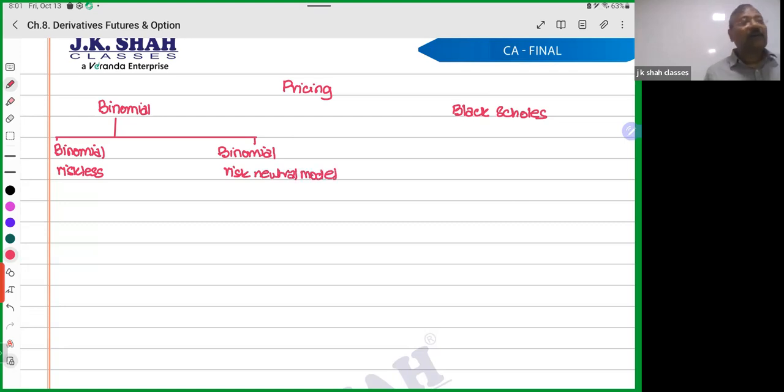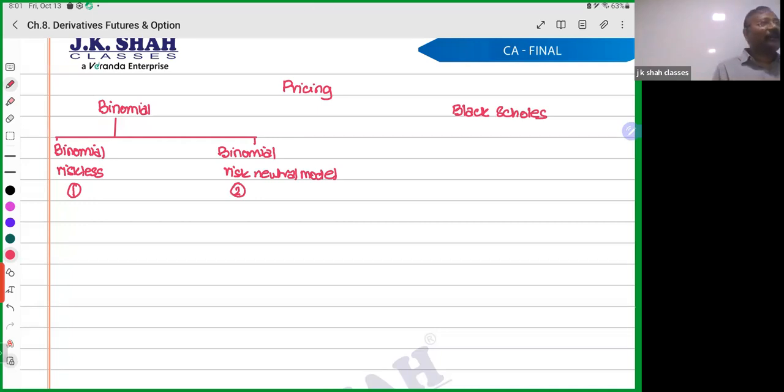Now, in terms of complicatedness or accuracy, you can say this is the very basic model which was developed right at the beginning. Then they realized that there are certain flaws in this model. Then came this to remove certain flaws of the first model, not all the flaws.